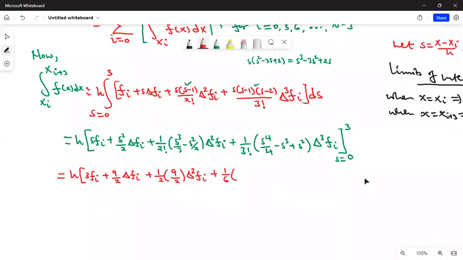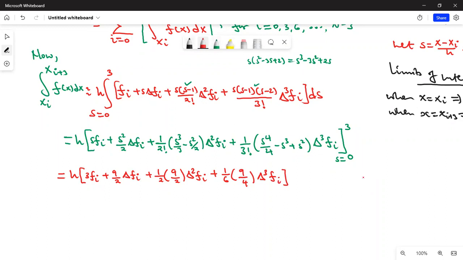So that should give us 9 over 4. 9 over 4. Then there's delta cubed fi. Remember, when s is 0, the result will be 0. So I don't need to work out when it is 0. So now I'm going to replace these forward difference operators, the first order, second, and even the third order.